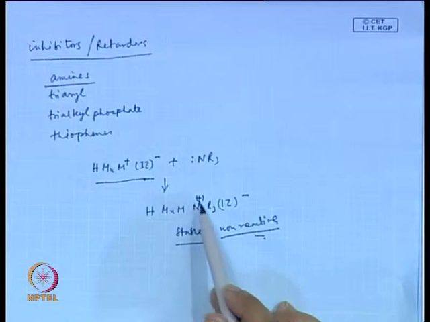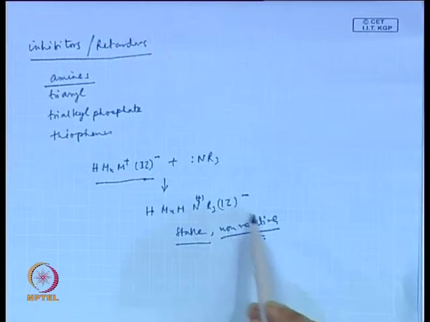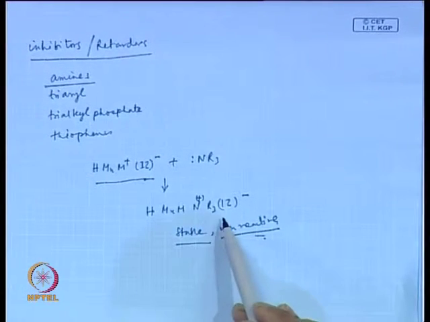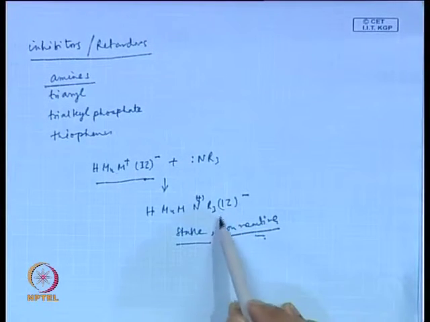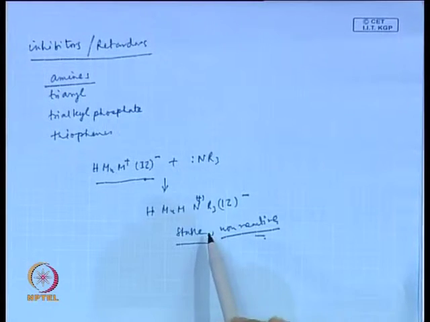So, once this is formed, this cannot reinitiate or take part in further propagation reactions, which means this chain gets inhibited by this type of reaction.